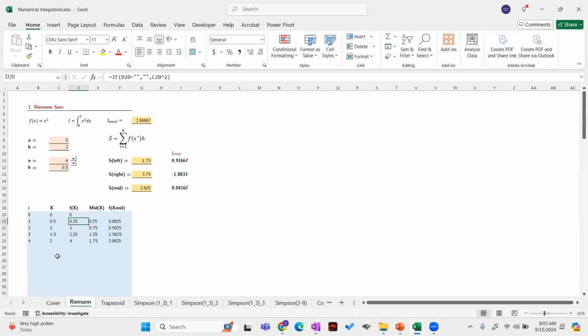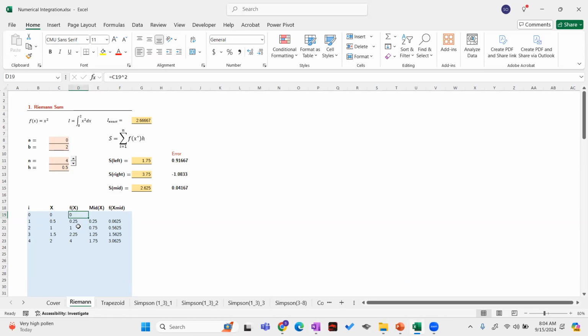For the left sum, you need to do h times, which heights will you take? You'll take this one, this one, this one, this one. We have 4 rectangles, and you only take the left one. So this is my first interval from 0 to 0.5, x0 to x1. I have y0, y1.